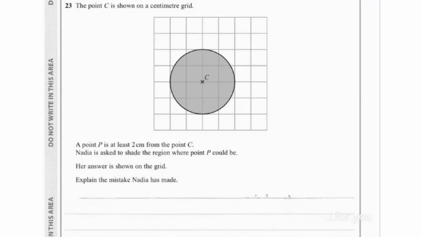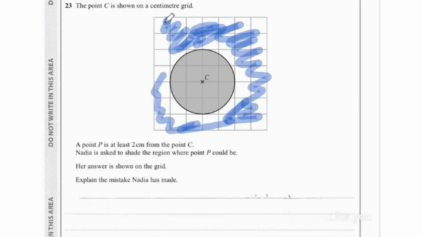The question says that it's at least 2 centimeters from the point C. So at least means that it can be more than 2 centimeters as well. Not less than, but more than. So she should have shaded the region outside the circle, not inside, because inside shows that the point is at most 2 centimeters from point C. So that's what she did wrong.